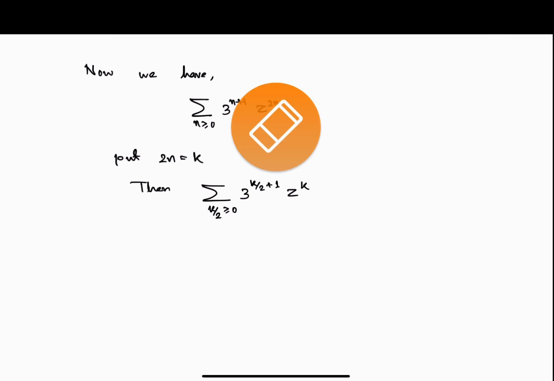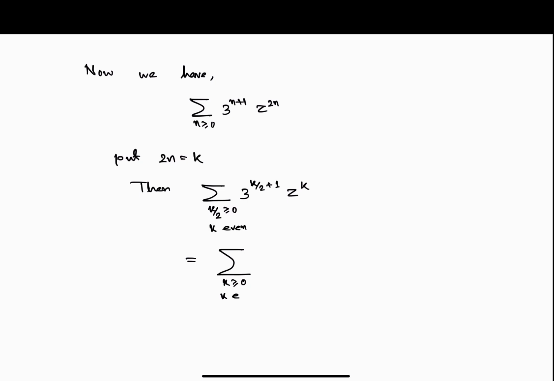Note that k is even, since 2n equals k means k should be even. Let me again write it in terms of n, because k is a dummy variable. So the sum is over n bigger than 0, n even, of 3 to the power n by 2 plus 1, z to the power n.